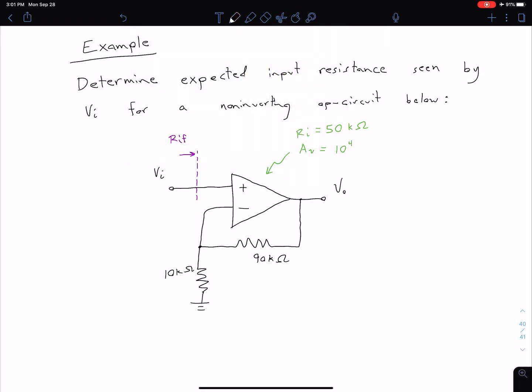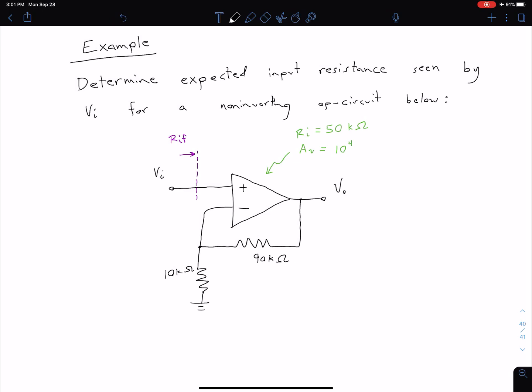And so we notice we have R2 and R1 values given in the circuit, and then the green values here are specifications for the amplifier itself, this actual op-amp in the middle of the circuit. So we see that it has an input resistance of 50 k ohms and an open loop gain of 10 to the fourth.